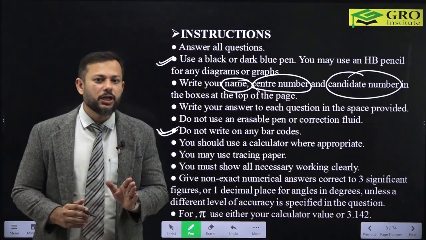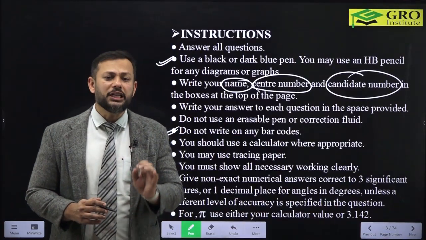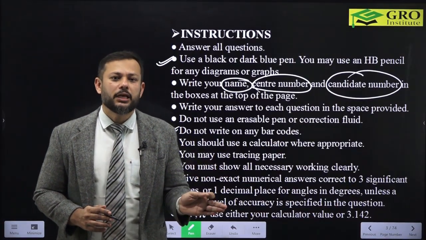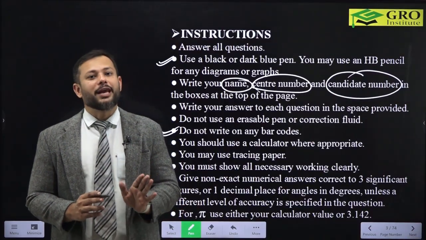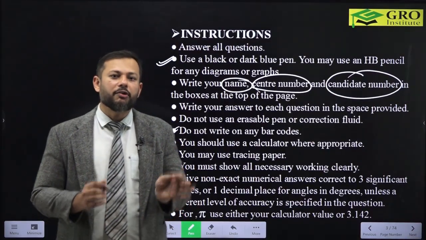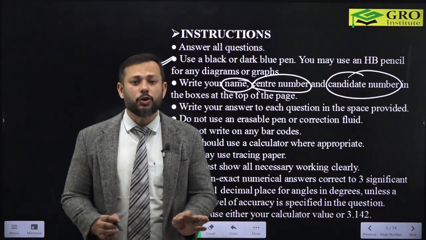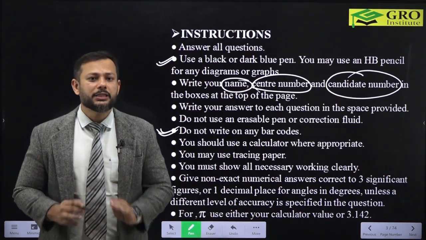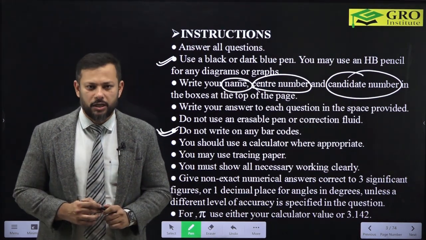If a question is of 2 marks, 3 marks, or even 4 marks, you need to show the relevant steps. If you don't write those steps, your marks will be deducted even if you get the correct answer. Just for writing an answer, you won't get the full marks. If all the steps are correct and the answer is wrong, even then you will get the marks for the correct steps.